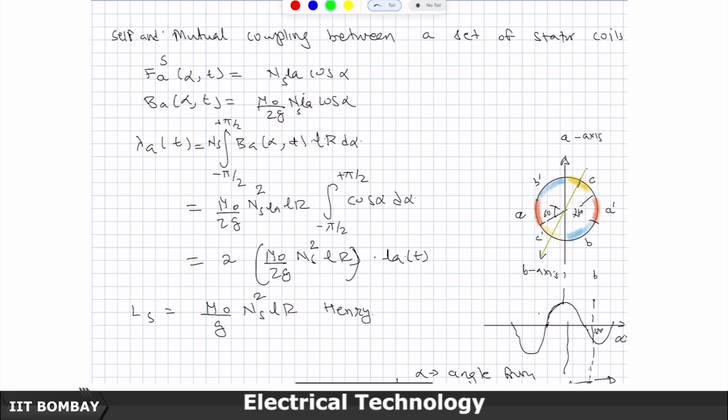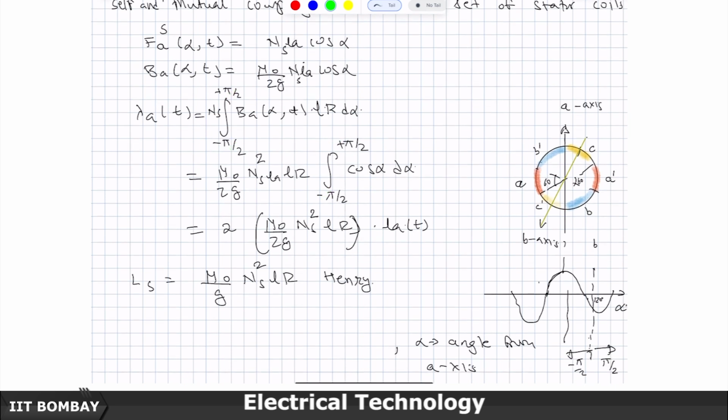Substituting, Ns into Ns gives Ns square, Ia comes here, and mu 0 by 2g comes here. The only function of alpha is cos alpha, to be integrated from minus pi by 2 to plus pi by 2. The integration of cos alpha is sine alpha, which from minus pi by 2 to plus pi by 2 will be 1 plus 1, which is equal to 2.